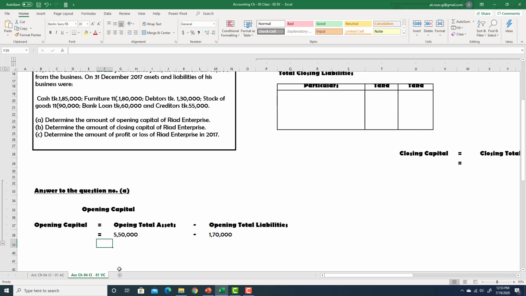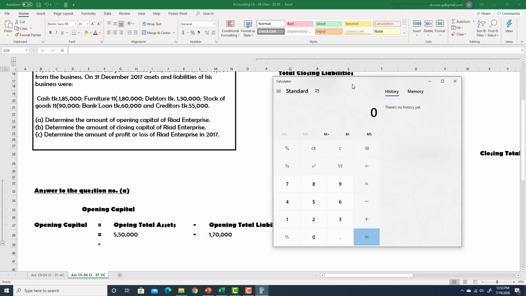So, where is my calculator? Here. 5,50,000 minus 1,70,000 gives 3,80,000.